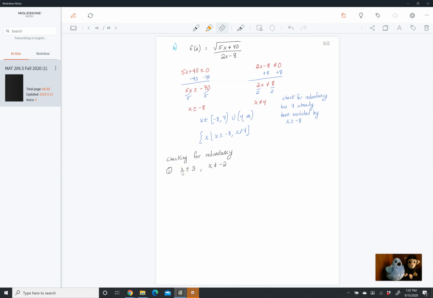Well, -2 is less than or equal to 3, so that would be saying that -2 is okay. So we need to include both because -2 is not okay.